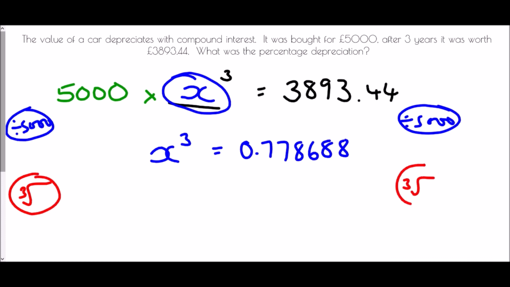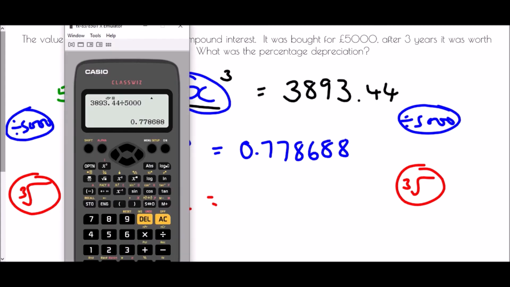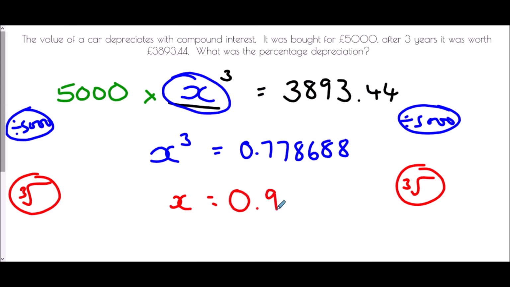So I'm going to have to cube root both sides. And if I cube root both sides, I get the cube root of this. So I'm just going to use Ans in here, and it is 0.92. Now, that is giving me the multiplier that has been used, 0.92.